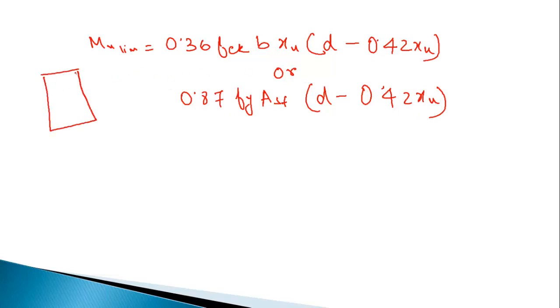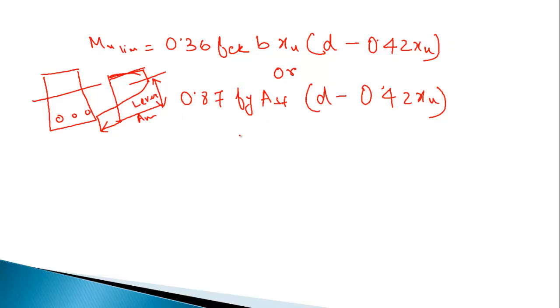If this is the beam with the tensile reinforcement, the stress diagram is something like this, and this is the lever arm. I will not go into detail; you should know all this, it is basic.